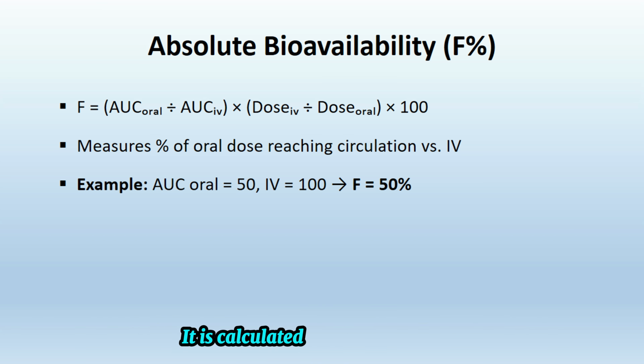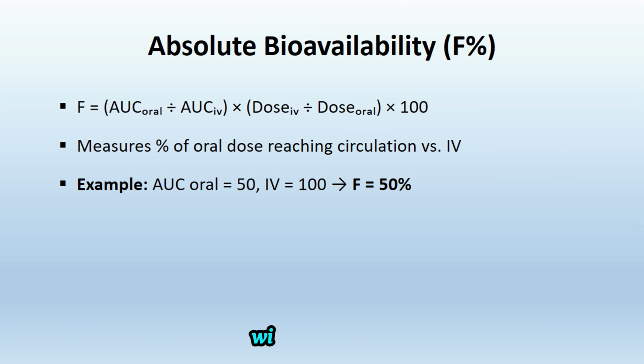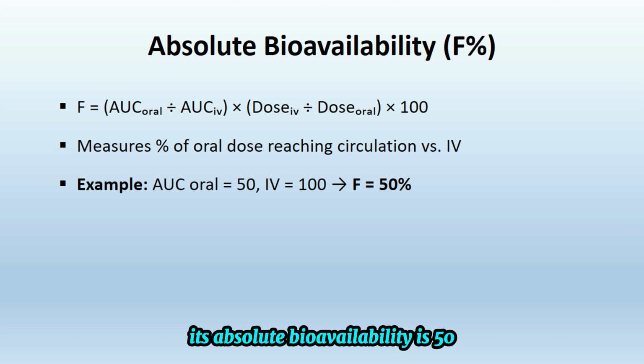It is calculated using this formula: F% equals AUC oral divided by AUC IV times dose IV divided by dose oral times 100. For example, if an oral drug has an AUC of 50 and the IV version has an AUC of 100 with equal doses, its absolute bioavailability is 50%.